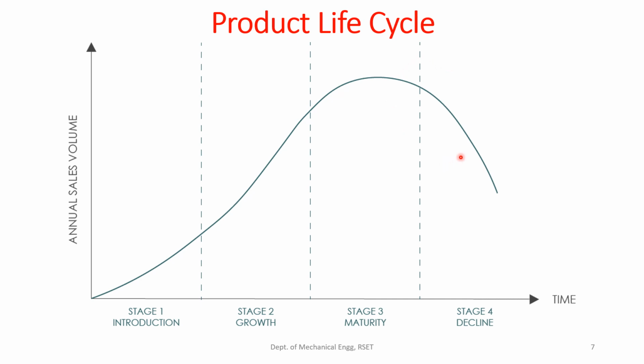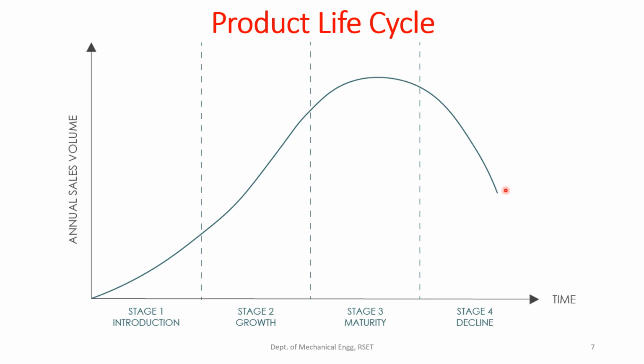Now, this can be attributed towards a change in the taste of the consumers or a change in technology. So, a product essentially becomes obsolete with time. So, this kind of obsolescence results in a sudden and rapid decline in the sales volume, which we represent as a stage of decline.